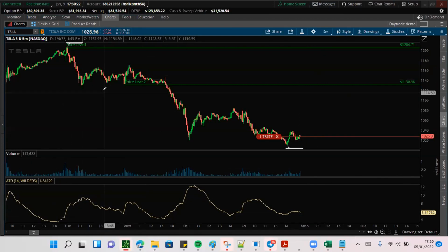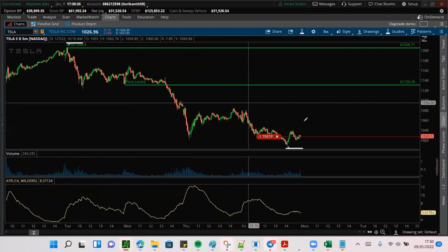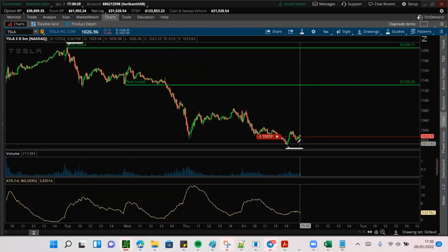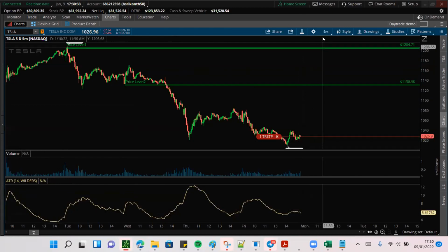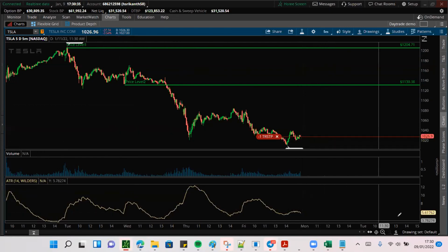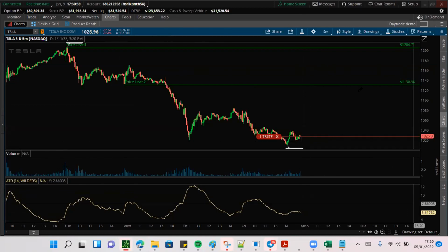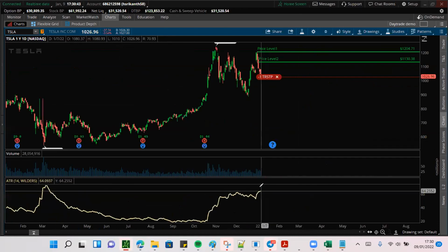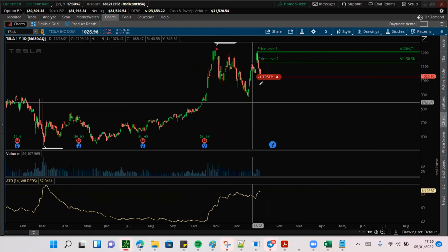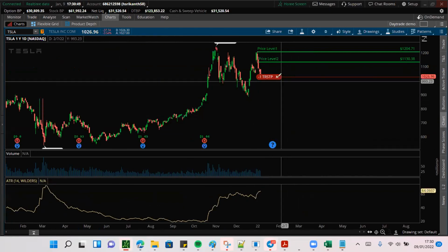What is the range the stock moved every day? So it can move 60 points up or 60 points down. Right now on a 5 minute chart, you can see it can move 5 points up and down. If I select a daily basis, it can move 64 points up or down every day. So based on that, you need to make a trade.